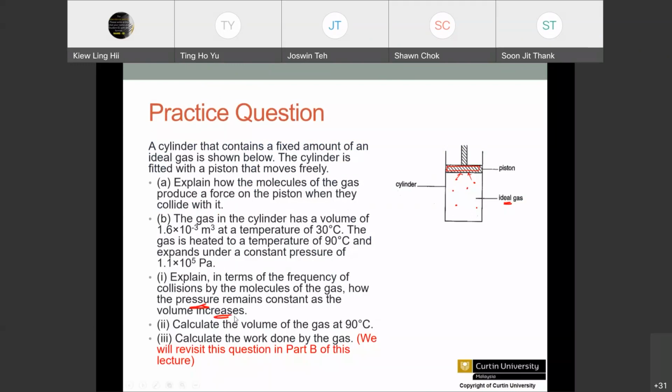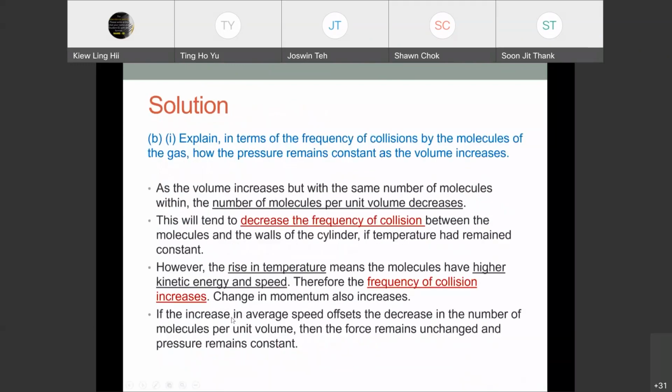Okay, so we know that when volume increases, let's say you have a space with 4 particles of ideal gas.